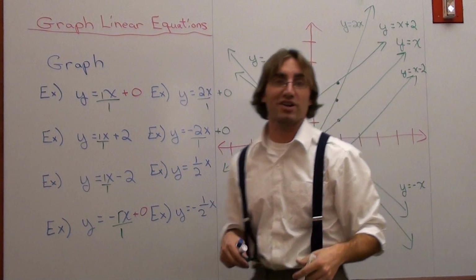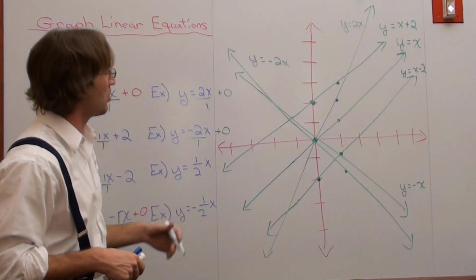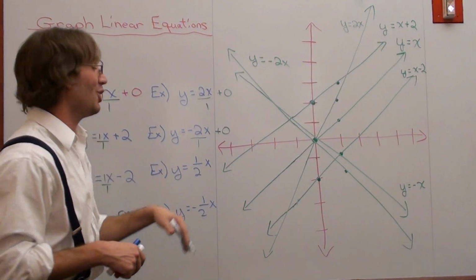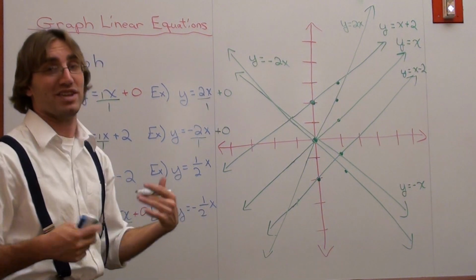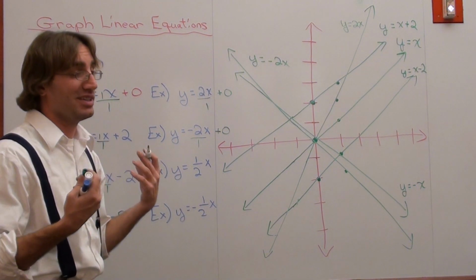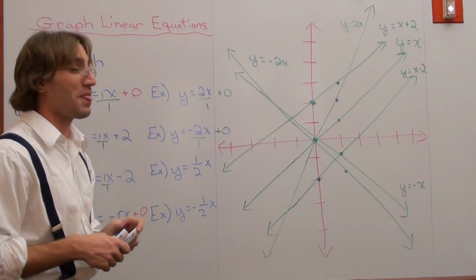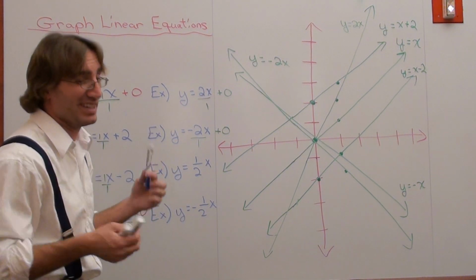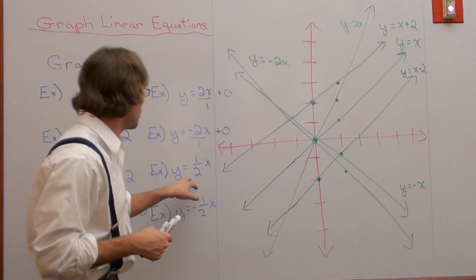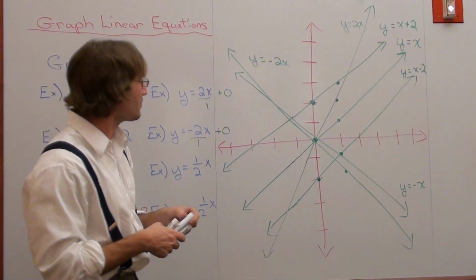If that were drawn better, you could see that it's more pronounced, but what it's supposed to do is go down a lot faster, which it kind of does, but since my graph isn't perfect, and that's my own fault, whatever. People have been doing it for hundreds of years without smart boards, so I'm not going to take that much blame for it. Next one is y equals 1/2 x.